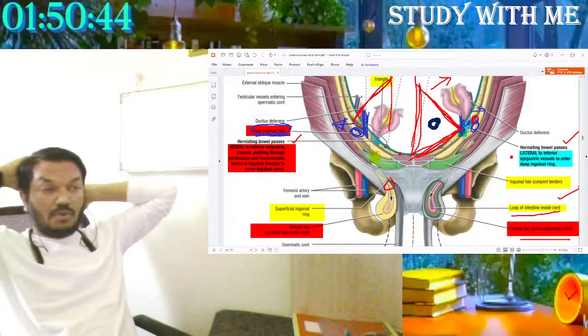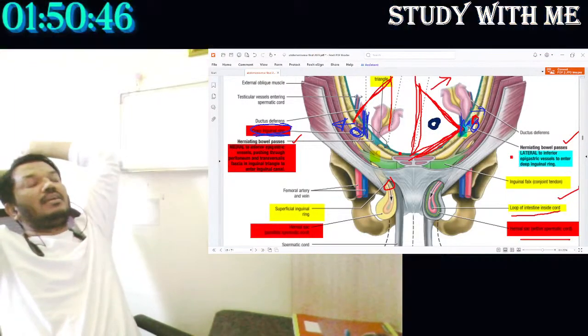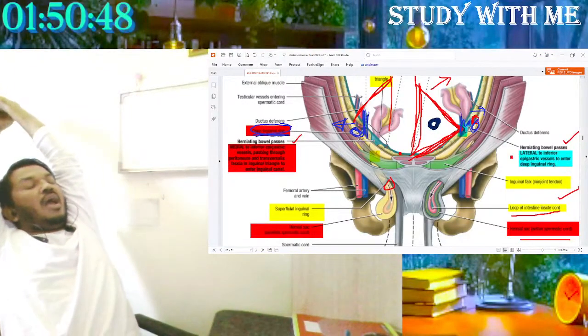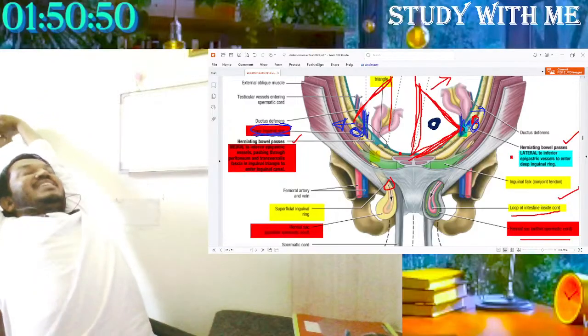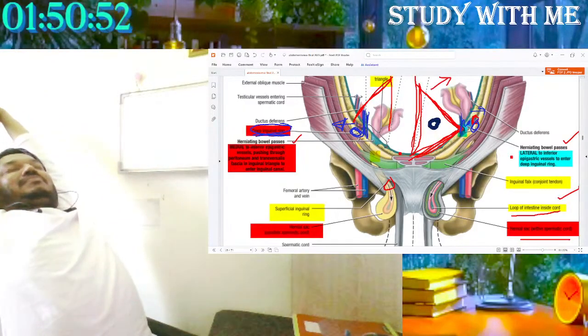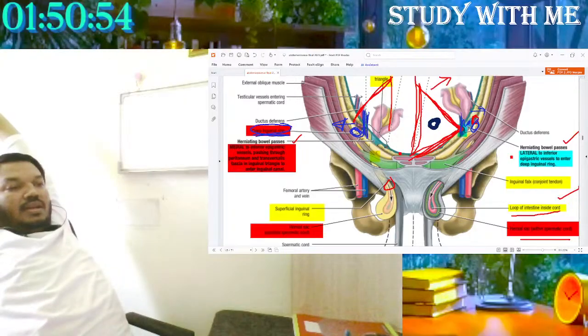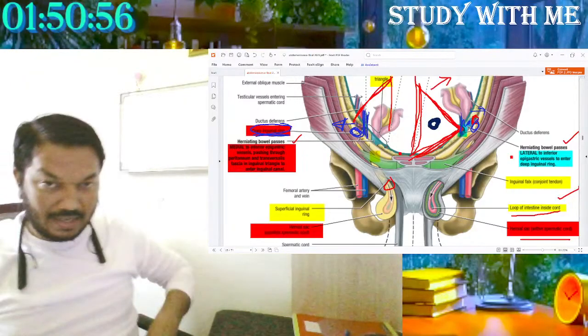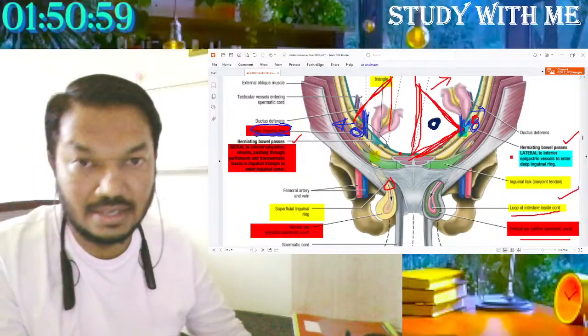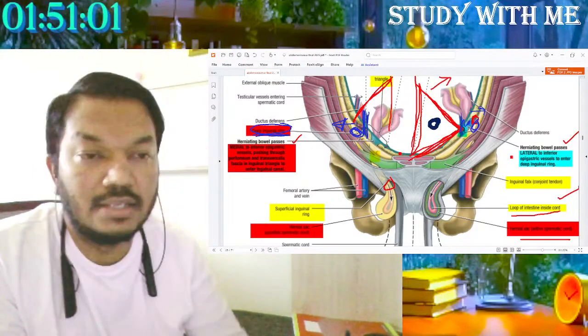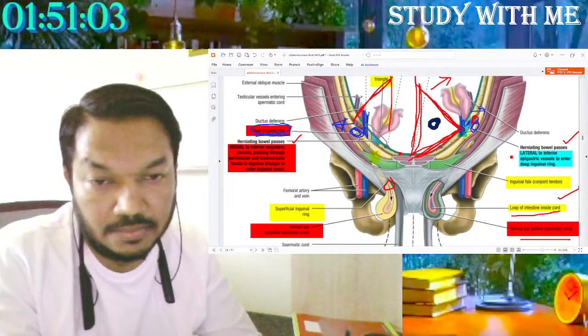If any hernia occurs like this, then it is called indirect inguinal hernia. And if any hernia occurs directly through the Hasselbalch triangle, it is called direct inguinal hernia.